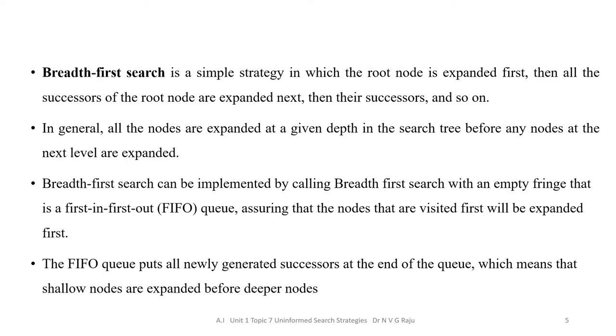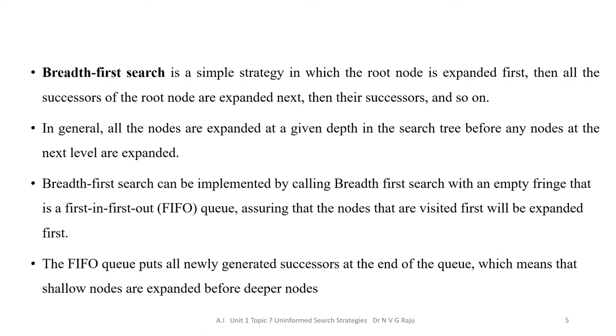Breadth first search, in short BFS, is a simple strategy in which the root node is expanded first, then all the successors of the root node are expanded next, then their successors and so on till we reach the goal node. If all the successors are completed and we still did not get the goal node, that is a failure.